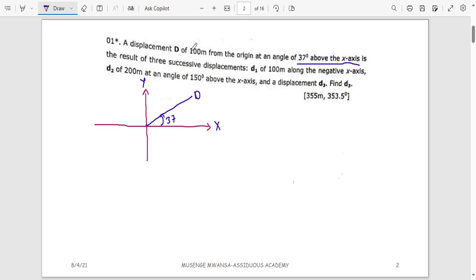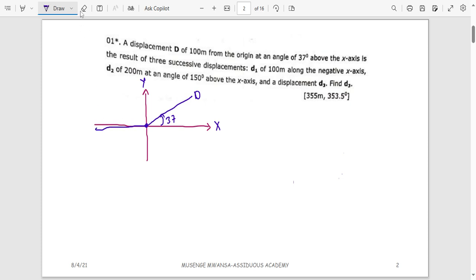And then we go to the other vectors. D1 is 100 meters along the negative x. Negative x axis is this one. So it is along the negative x, meaning that all vectors start from 0, 0, and we are moving along the negative x.